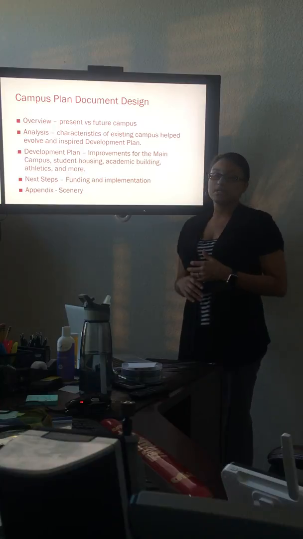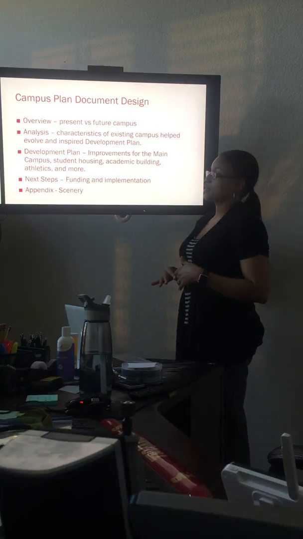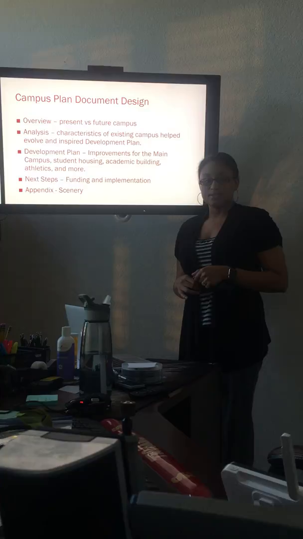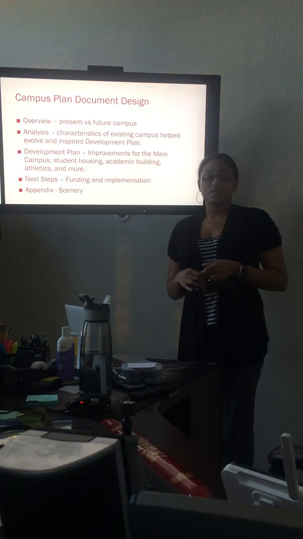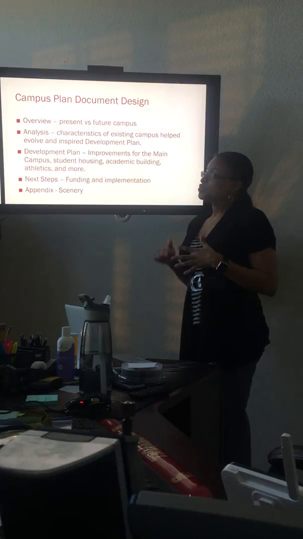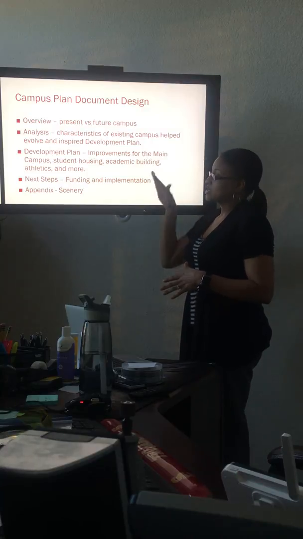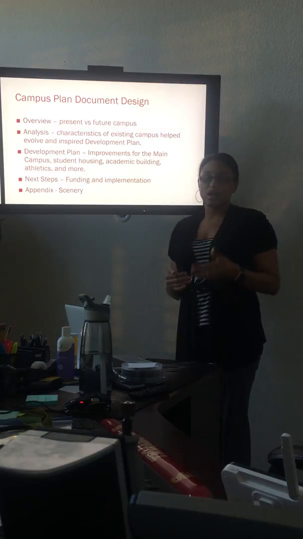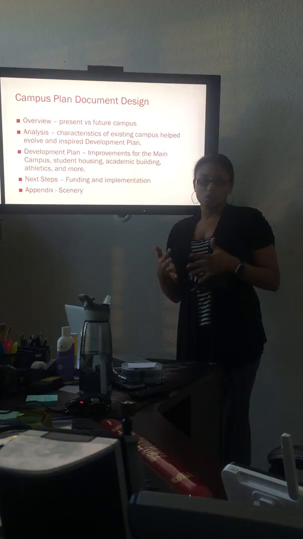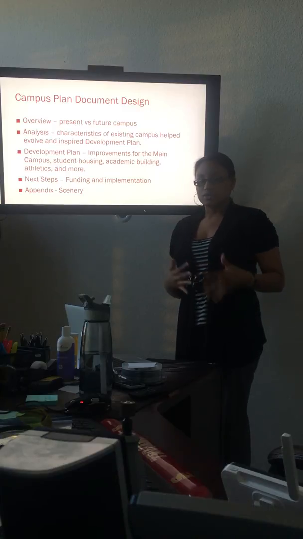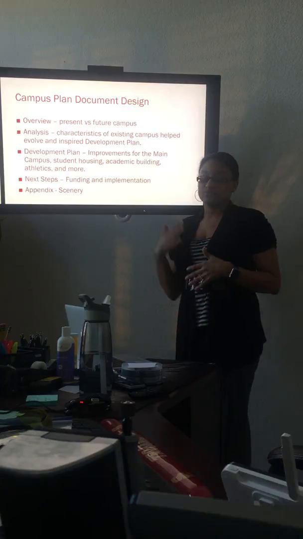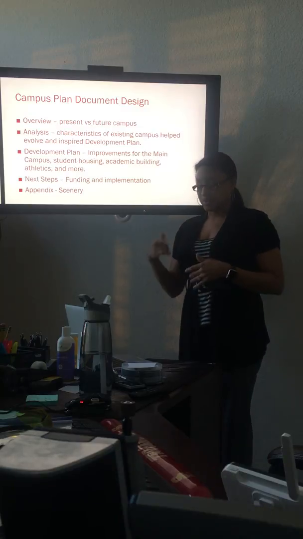Alright, so the document is categorized in 5 categories: overview, analysis, development plan, next steps, and appendix. I'm going to briefly talk about each of these in my paper, just to give my audience a review of what's going on in this document, and then I'll critique it based off of the 5 categorizations that I just mentioned previously.